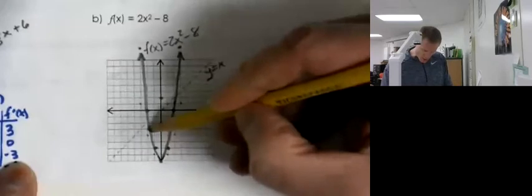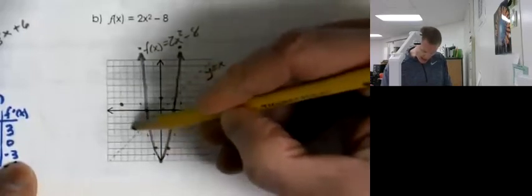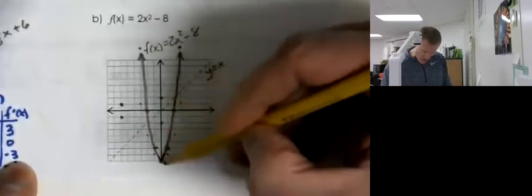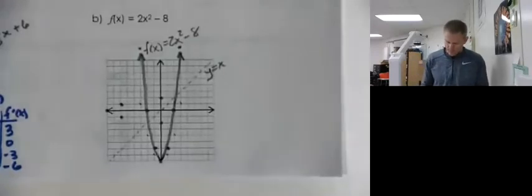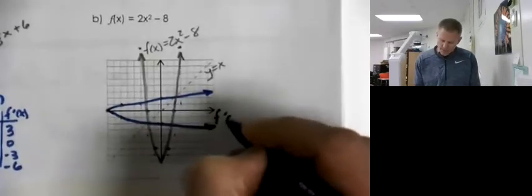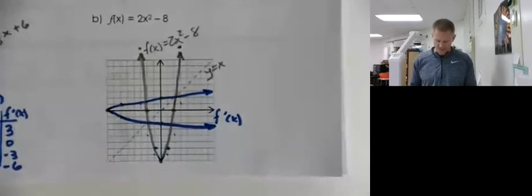One to get to the line, 1 to get past it. 1, 2, 3 and a half, 1, 2, 3. 1, 2 and a half, 1, 2. 1, 2, 3, 4, 1, 2, 3, 4. And that is our f inverse.